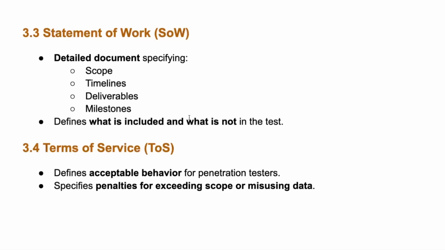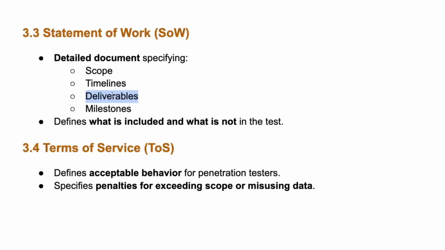It covers everything outlined so far: what they can and cannot do, where they can and cannot attack, what their timeline is, and what is required of them. That is what the deliverables are. Once you've completed your test, we need these things delivered to us, and it's usually a report.